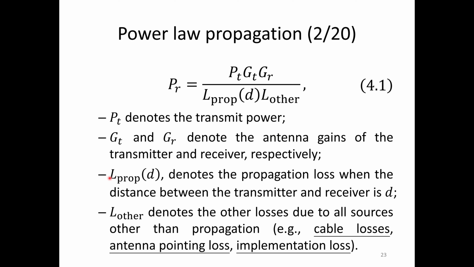L prop of D denotes the propagation loss when the distance between the transmitter and the receiver is D. L other denotes the other losses due to all sources other than propagation, for example, cable losses. What are cable losses?